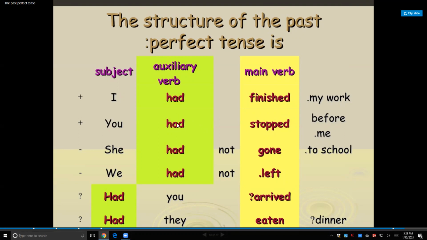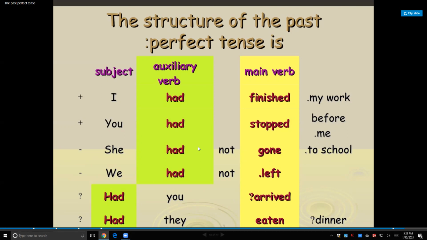Just place this auxiliary verb at the beginning of the sentence and it becomes a question. Like I had finished my work. If you want to change it into negative, I had, this is the auxiliary verb had, and then add not. I had not finished my work. You had stopped before me. You had not stopped before me. She had gone. She had not gone. We had left. We had not left. So just add not after had, after the auxiliary verb, and it is your negative sentence.